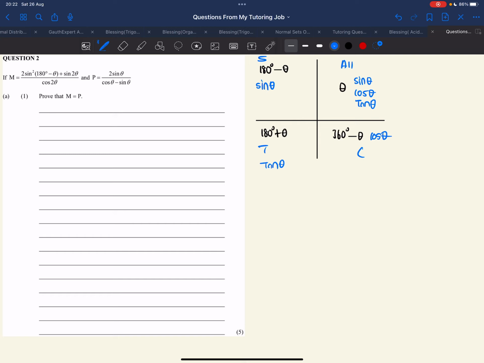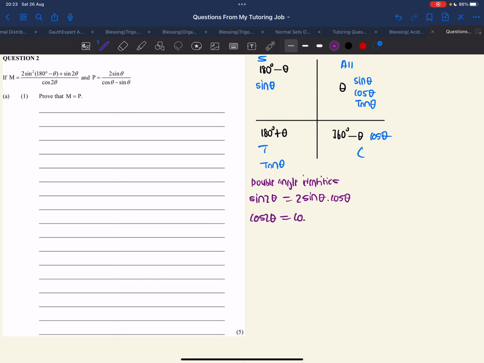Another one that I need you to look at we call the double angle identities. According to double angle identities, sine 2 theta is equal to 2 sine theta multiplied by cos theta, and cos 2 theta has three identities.